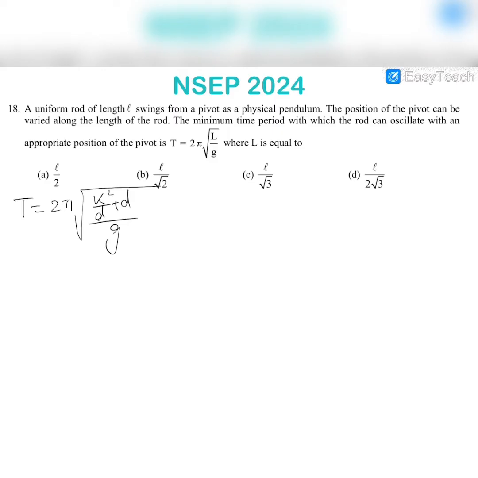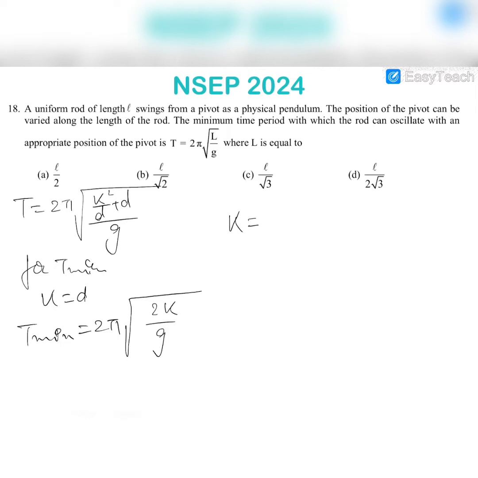Okay, so this is the formula of physical pendulum, and for minimum time period, T minimum, K should be equal to d. So T minimum will be equal to 2 pi under root 2K by g, and K is radius of gyration of rod, and it is L by 2 root 3.